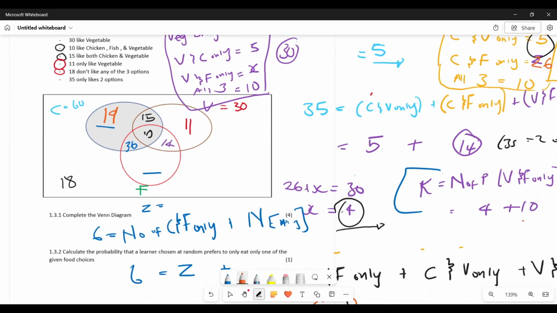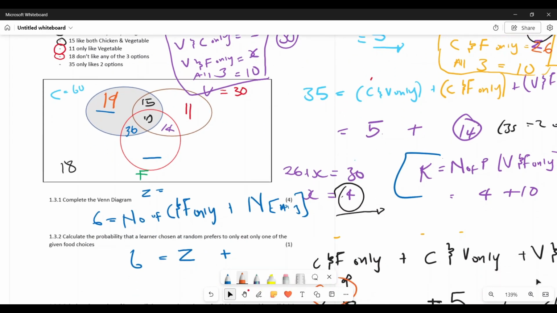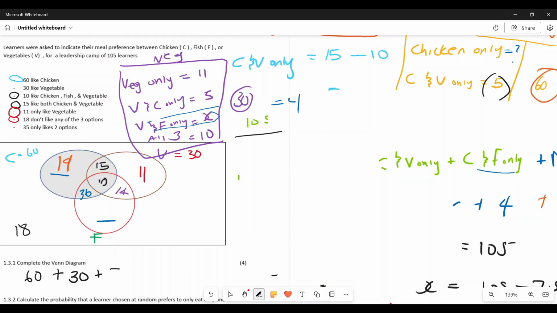Now, what about the number of people who prefer fish only? How would we go about doing that? I'm told here, remember, only 35 like 2 options. So 35 who like 2 options, plus the number of people who like chicken only, which is 19, the number of people who like vegetables only, which is 11, plus the number of people who like fish only, which I'm going to indicate with the letter F, what I'm trying to solve for, right?